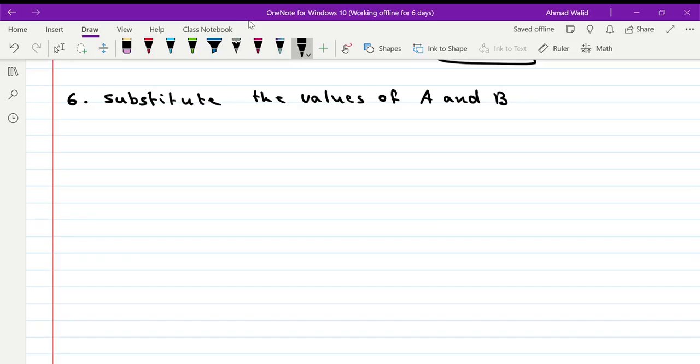Let me write it this way, A, comma, B, comma, C. Maybe you have more, right? A, comma, B, comma, C, comma, dot, dot, dot, however many you have.